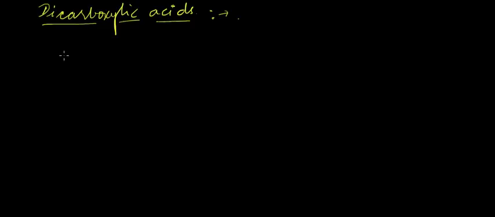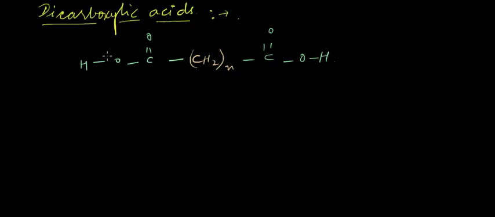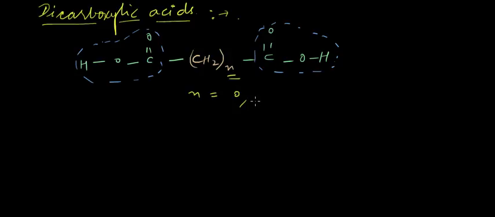So if we have something like this, then you can actually see that we have two carboxylic acids within the same compound. So such type of compounds are called dicarboxylic acids. Okay, so this n can vary from 0, 1, 2 and so on.